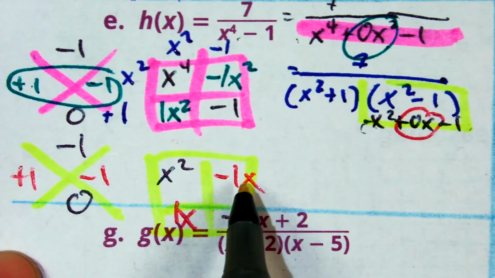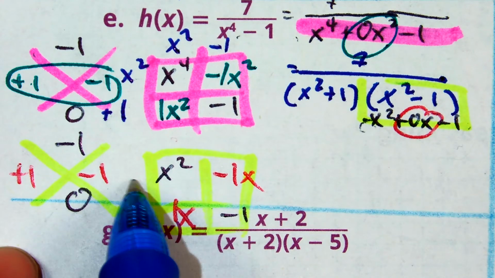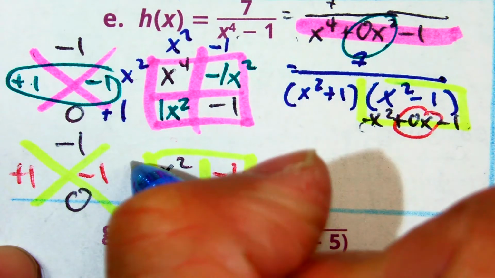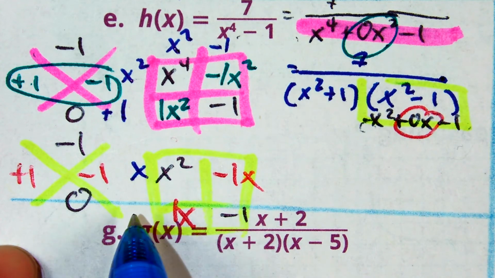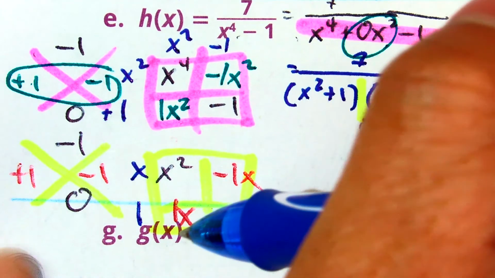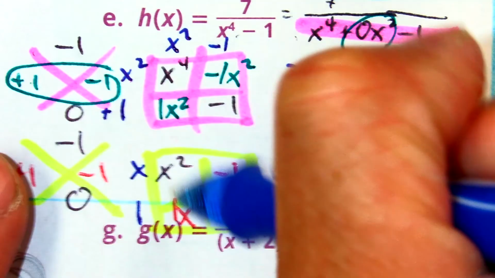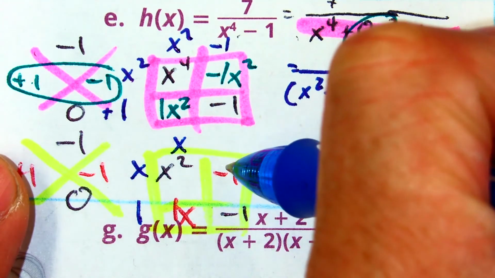Raul, greatest common factor? They all have an x in there. How about this direction? 1. Greatest common factor, x. And greatest common factor, 1. Only 1.